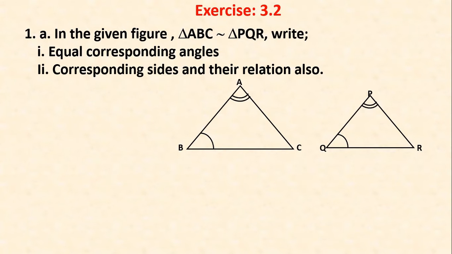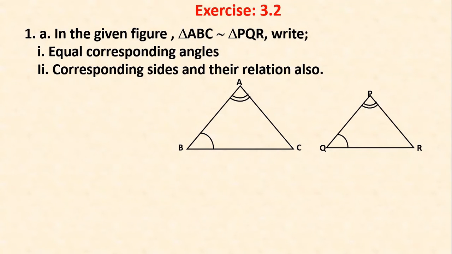First is equal corresponding angles, meaning we should identify the corresponding angles between these two similar triangles. Next, corresponding sides and their relation. First we identify the corresponding sides, then we write the relation between them. Are you clear with the question?